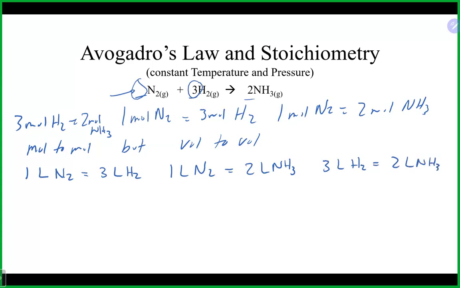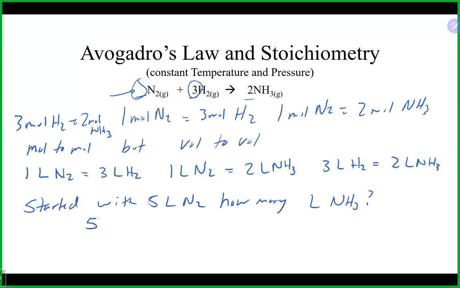So for example, if you were doing this problem, and you had a question that asked, at constant temperature and pressure, if you started with 5 liters of N2, how many liters of NH3 would you produce? You could set up a stoichiometry problem using that volume-to-volume relationship.